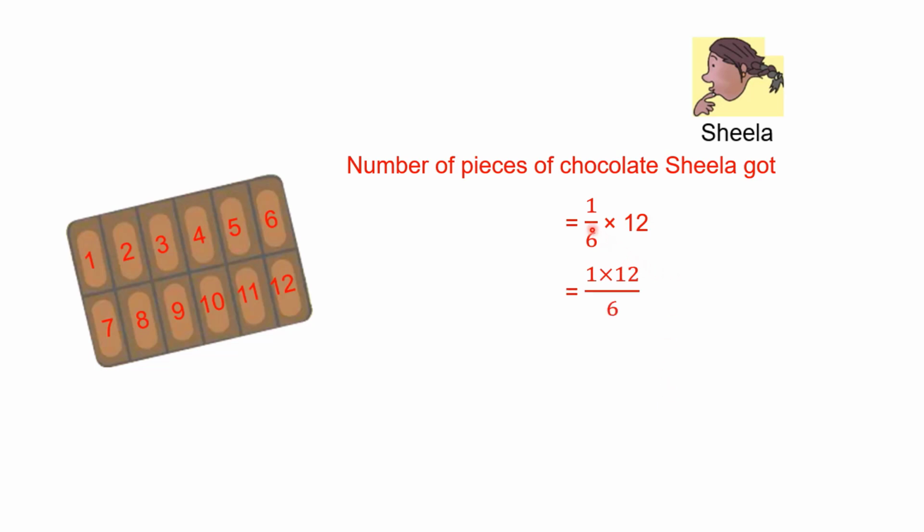Multiply the numerators. 1 multiplied by 12 divided by 6. It equals 12 by 6. We know that 6 twos are 12. So 12 by 6 is equal to 2. So Sheila got 2 pieces of chocolate.